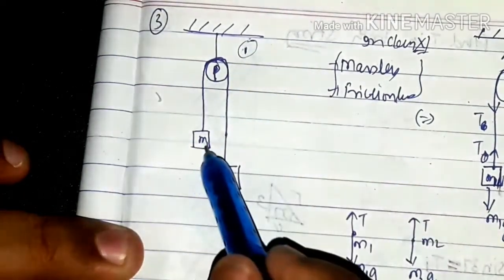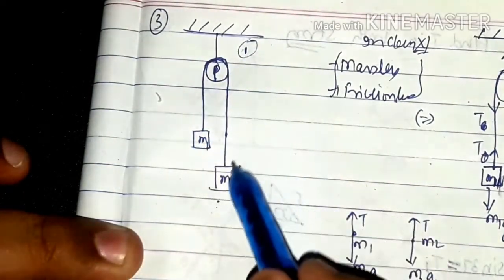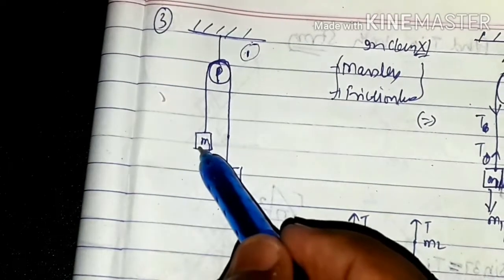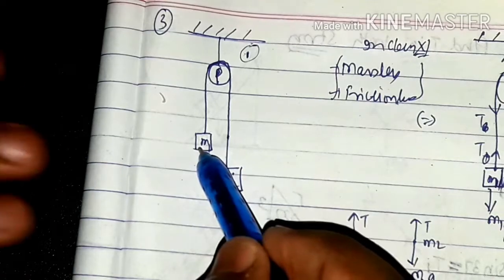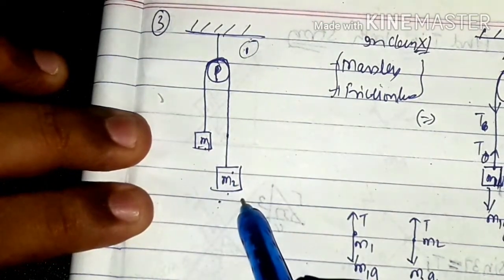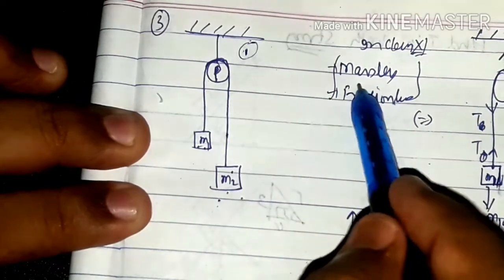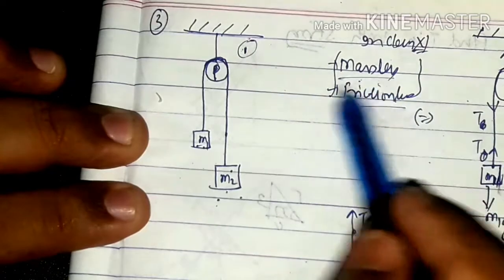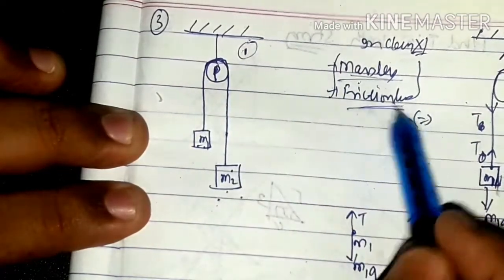It is connected by another string or rope. One mass is m1 and the other is m2. It is stated that the pulley is massless and frictionless. In most cases it is given as massless and frictionless, right?